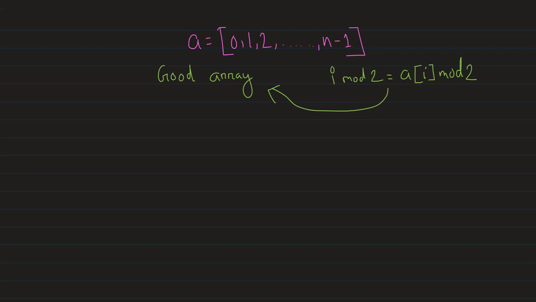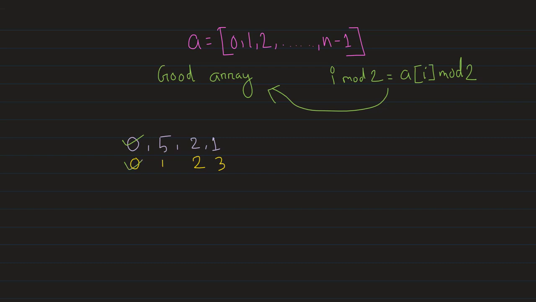Okay. So let's see an example, because nothing completes without an example. 0, 5, 2, 1. Let's mark the indices 0, 1, 2, 3. Now the first element is even and the index is even.